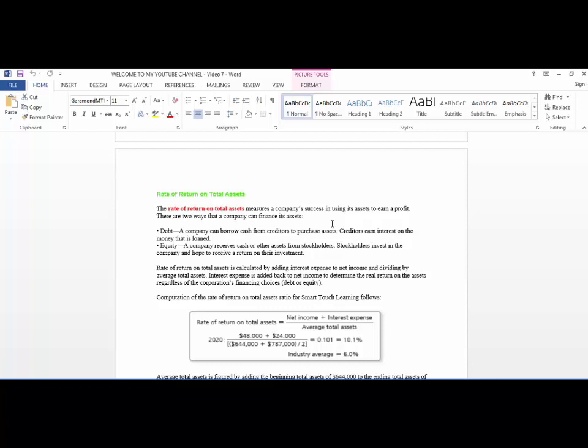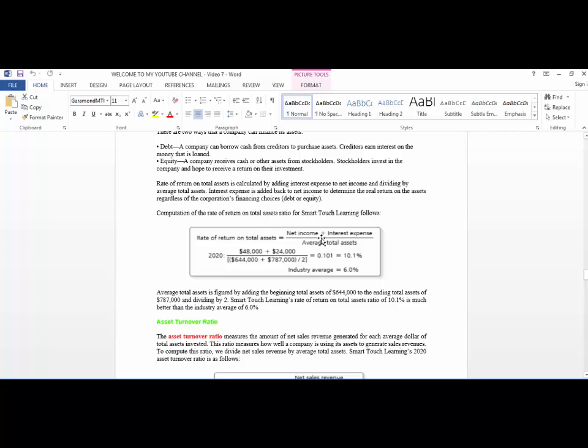So the rate of return on total assets, we have calculated here. If you can see the formula: net income plus interest expense divided by average total assets. In 2020, how can we get net income? We get it from the income statement. The interest expense we also get from the income statement, and for average total assets, we add total assets of 2019 and 2020 and divide by 2.